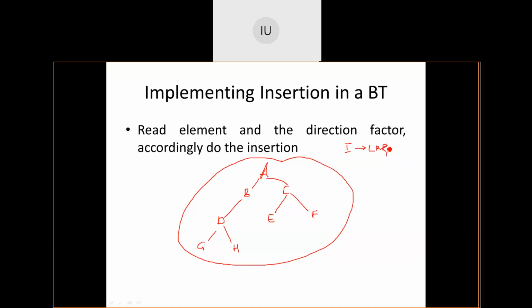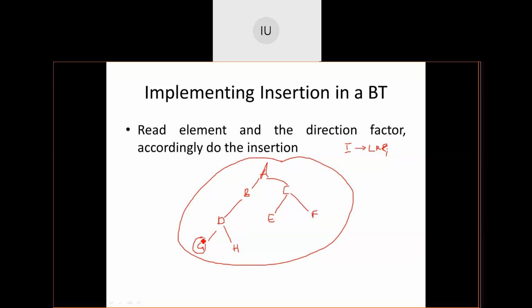Left, root and right. So if I want to display the elements of this particular tree in the in order fashion, how will things go on? Just pay attention. It will start from the root. Is there a left? Yes, it goes to the left. B is left. D is left. I have to start from the leftmost.